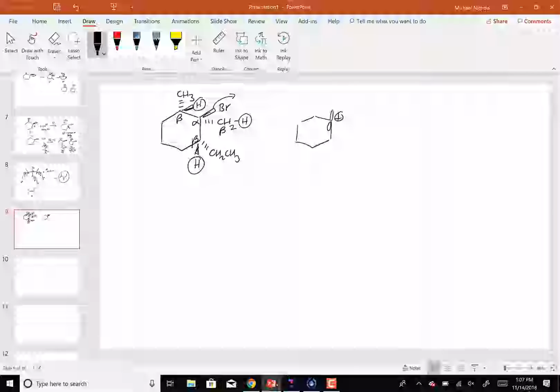And so then the question becomes, in E1, what's the major product of an E1 reaction? The most substituted, most stable product.